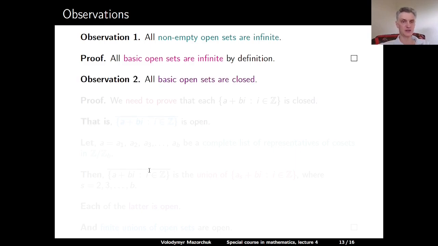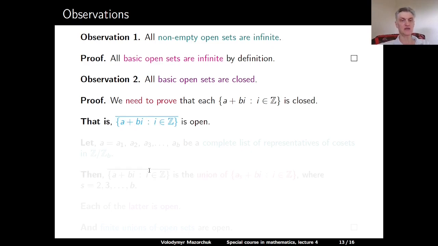The second observation, all basic open sets are closed. Indeed, we need to prove that each basic open set, a plus bi, where i is in Z, is closed. So this means that its complement should be open. Let us now write down a complete list of representatives of cosets in Z modulo bZ. So we start with our a, that's our representative a1, then we have a2, a3, and so on, ab.